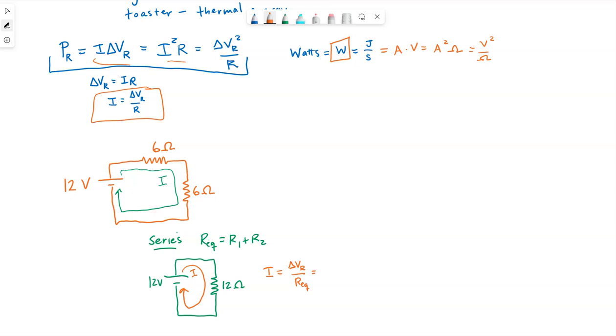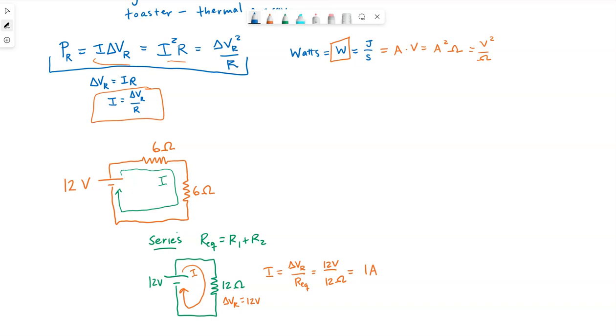But going around the loop, if 12 volts is supplied by the battery and this resistor is the only element in the loop, it must have the entire 12 volts that the battery is supplying across it. So 12 volts divided by our 12 ohms, the current flowing through this circuit would be 1 amp. Let me make that look more like an A.